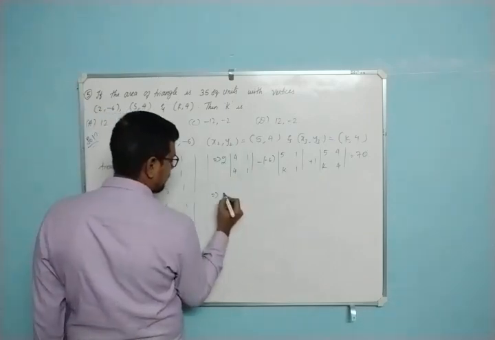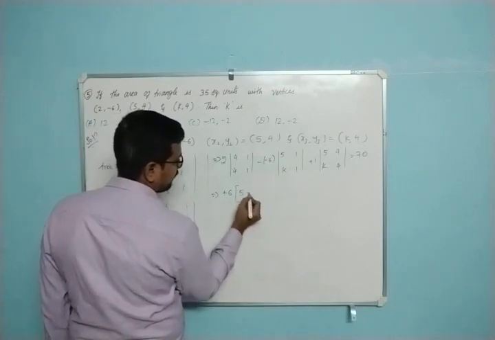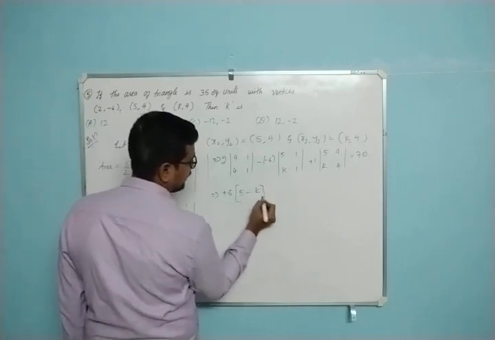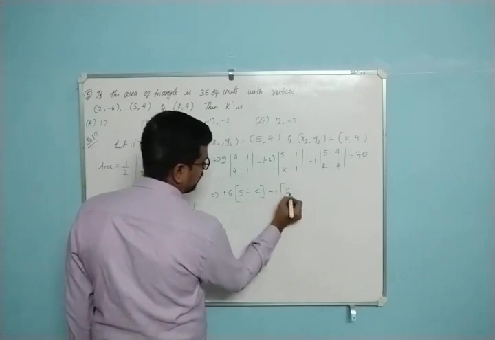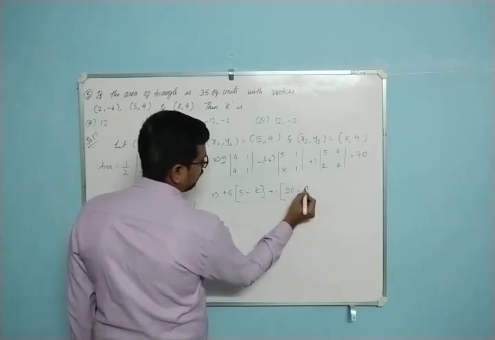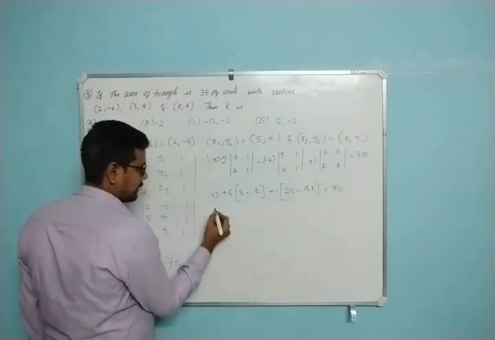Minus of minus 6 is plus 6. 5 into 1 is 5. Minus k into 1 is k. Plus 1 into 5 into 4 is 20, minus 4 into k is 4k, is equal to 70.